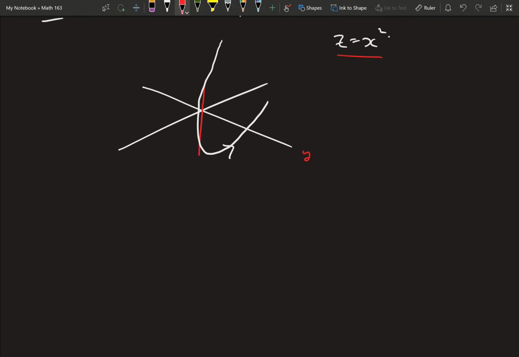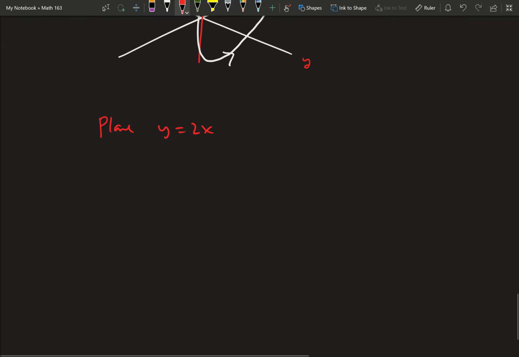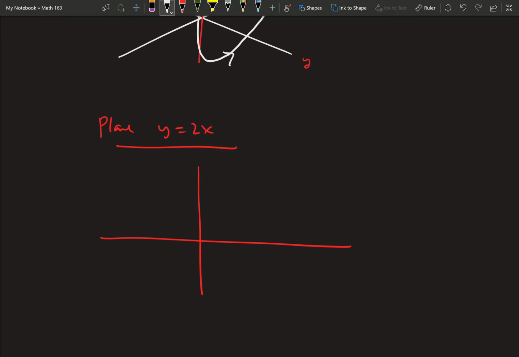Let's call this the plane y equals 2x. If we're in the plane y equals 2x, essentially in this plane you have this parabolic shape.